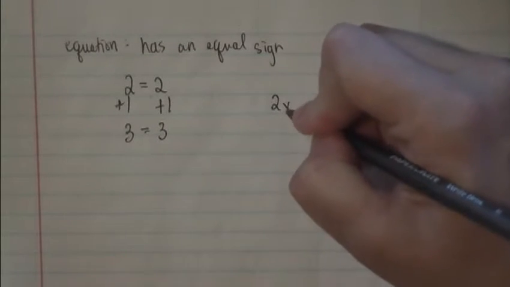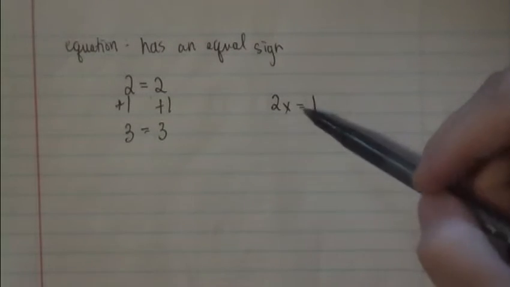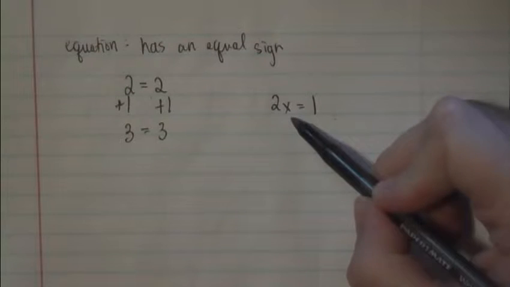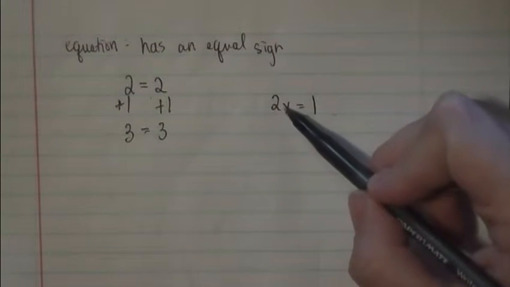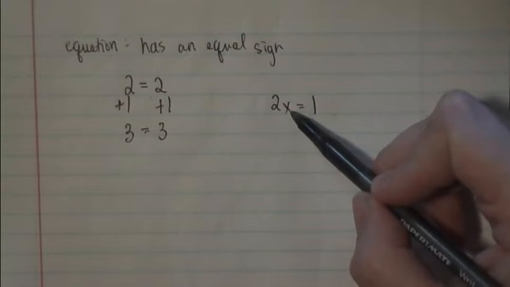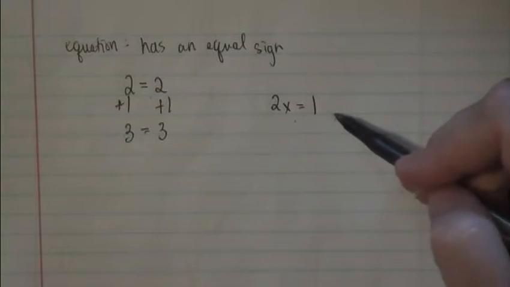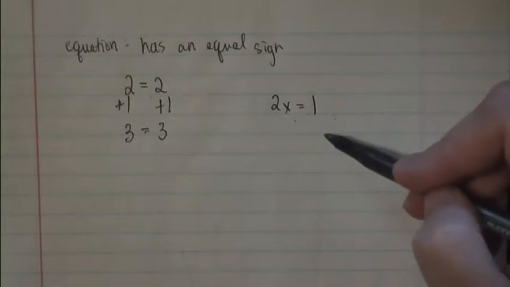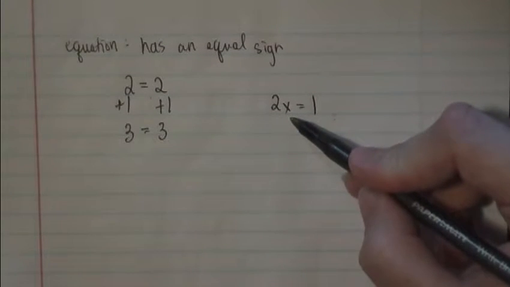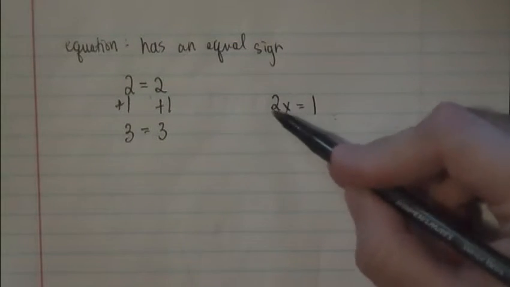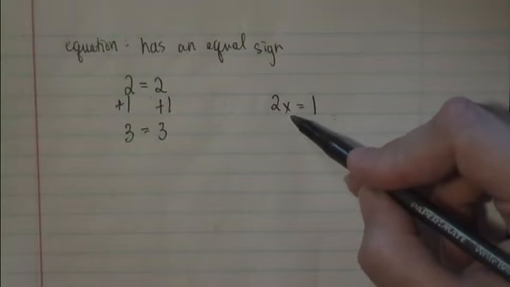So then when we get into something like 2x equals 1, well, this is an equation, it has a variable in it. The x is unknown. And we can solve and figure out what x is by manipulating this equation. But whatever we do to one side, we have to do to both sides. And so here I have 2 times x. Well, if I want to get x isolated by itself, then I have to undo this operation that's being done to x.